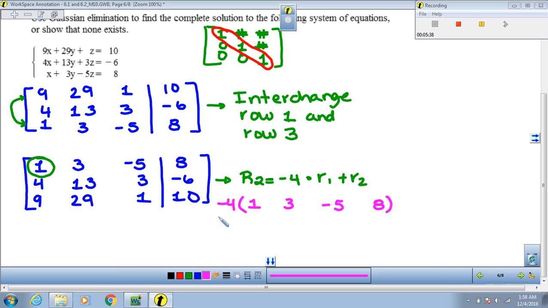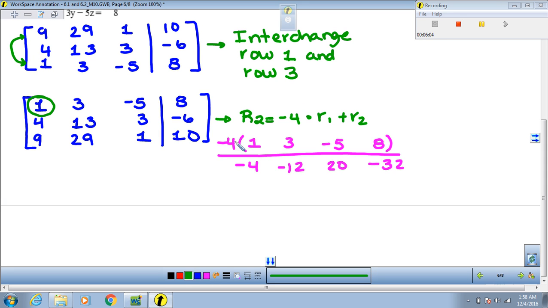So let's do first the multiplication of all these. Negative 4 times 1 is negative 4. Negative 4 times 3 is negative 12. Negative 4 times negative 5 is positive 20. Negative 4 times 8 is negative 32.